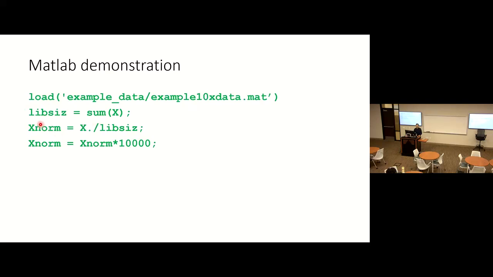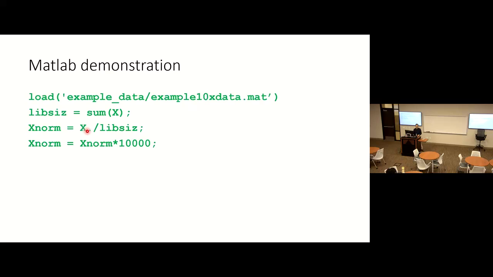So this is MATLAB code. You use a function to get the library size. This becomes a vector, because by default this sum function will calculate the total by columns. And then you divide by the library size. So you have a whole matrix, and every column will be divided by the corresponding library size for that column.